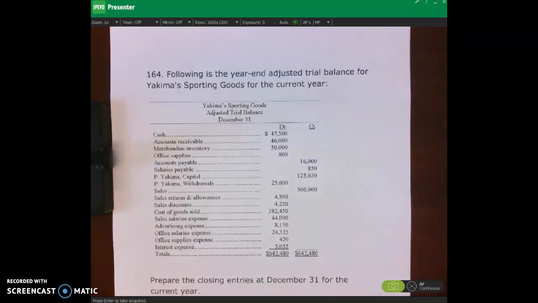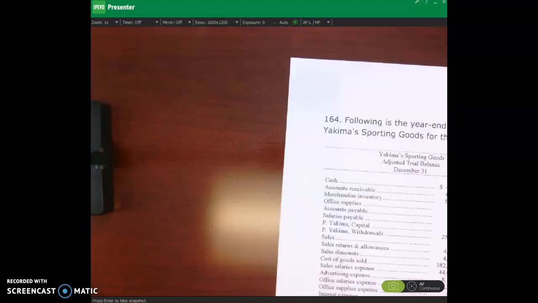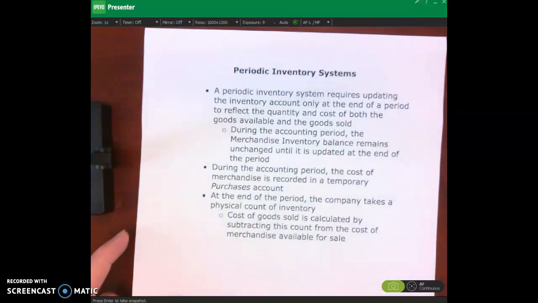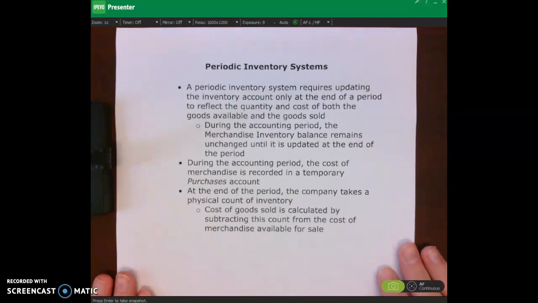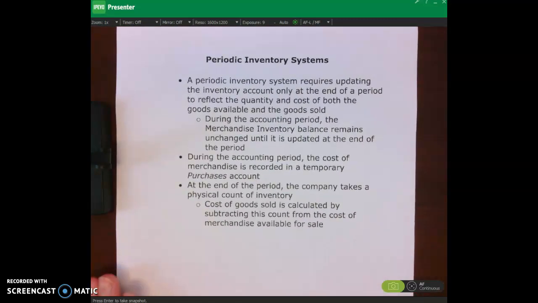So on the final page of your chapter 5 notes, just some quick comments on the periodic inventory accounting system. Remember, with our periodic inventory accounting system we would do an end of period count.